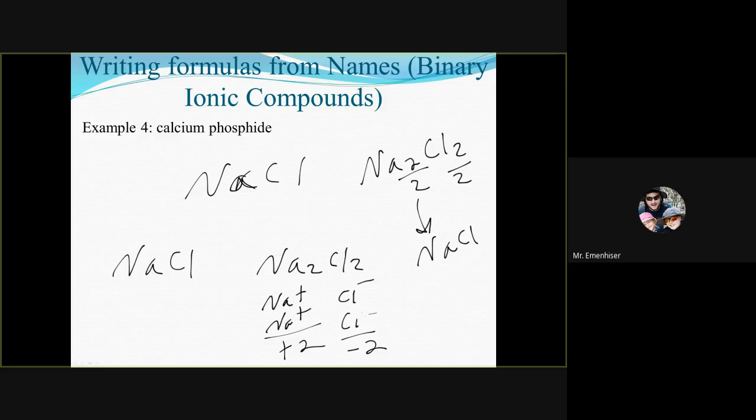The simplest ratio between those two elements is 1 to 1, because I can divide both of those subscripts by the 2. And so you want to make sure that you write the simplest formula. Okay, not just any formula that would work, right? You could also put Na3Cl3. Well, if you divide both by 3, then you get NaCl. So you get the same formula when you divide them out. So make sure that you have the simplest formula.